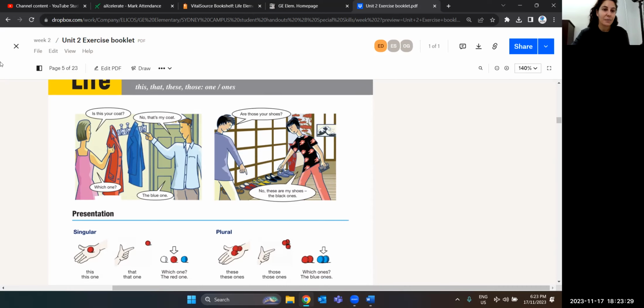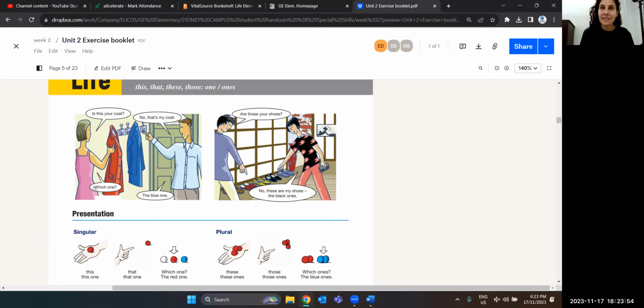So what did we learn here? That asking a question, we start with the verb, is this your coat? Or is that, depends if it's nearby or close by. And then which one? Because there's many. Which one? That one. Or you can go by the color. Which one? The blue one. The big one. The small one. Whatever.